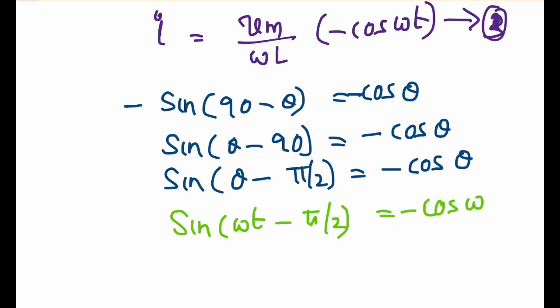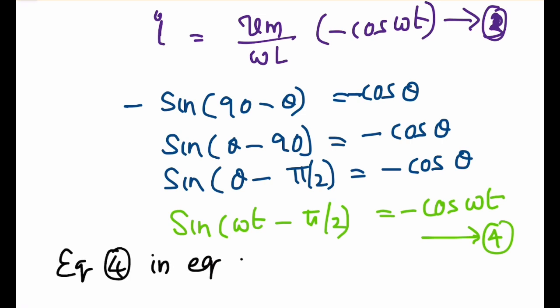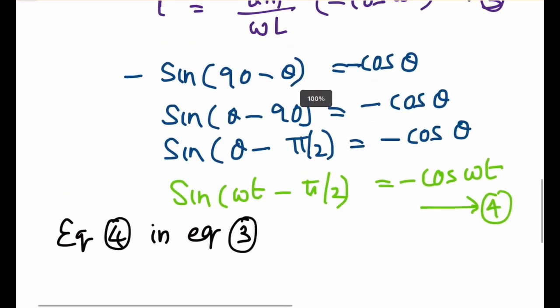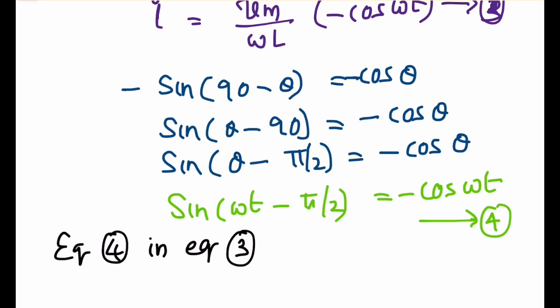Now take equation 4 and substitute it in equation 3. In equation 3, I is equal to Vm divided by omega L into minus cos omega t. In place of minus cos omega t, we substitute sine of omega t minus pi by 2.